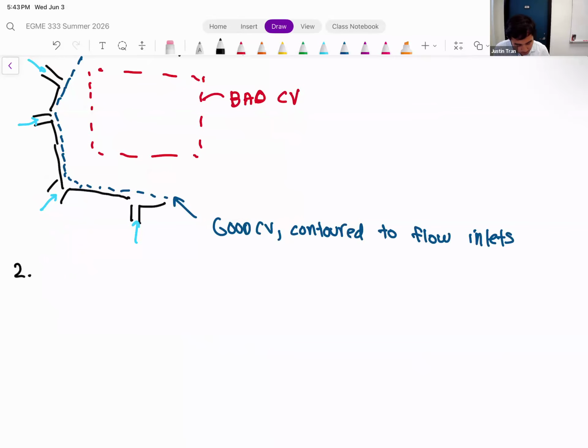Tip number 2 also has to do with the boundaries of your control volume. Usually when you're doing this type of analysis, you're interested in computing things like velocity or pressure at certain key locations. The thing with control volume analysis is that we can only really compute fluid properties at the boundaries of our control volume. So if you're interested in a quantity at a particular location, try to put your control volume boundary at that location.